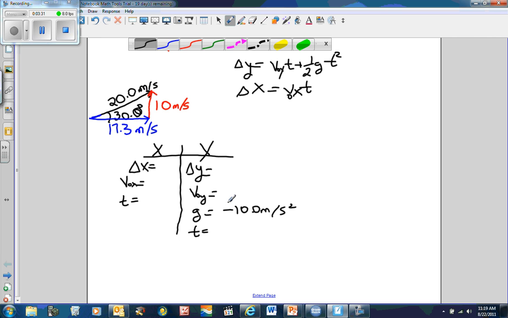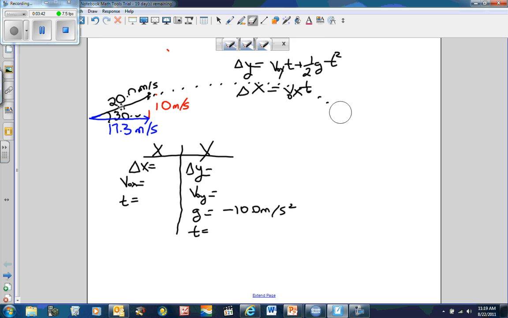All right, so when we fill this in, we're going to kick this ball from the ground. It's going to go up here like this, and it's going to hit the ground again some distance away. So we start on the ground and end on the ground. So as far as delta y is concerned, that's a change of 0. And initial y velocity, we've already done up here.